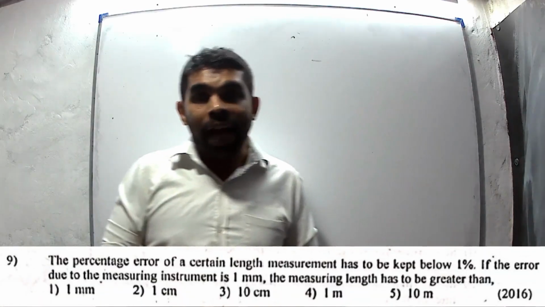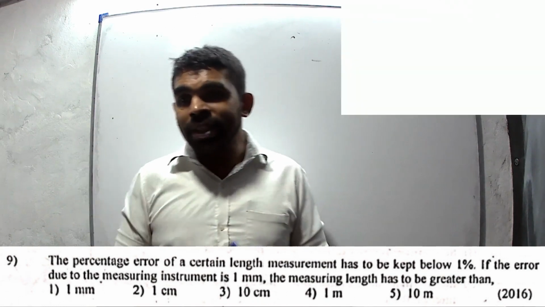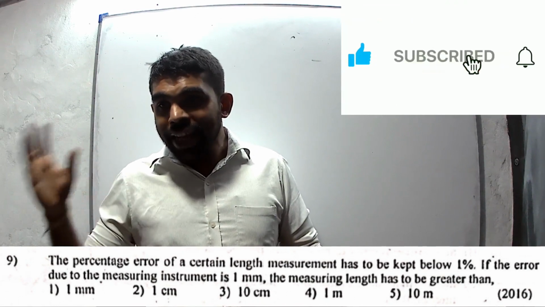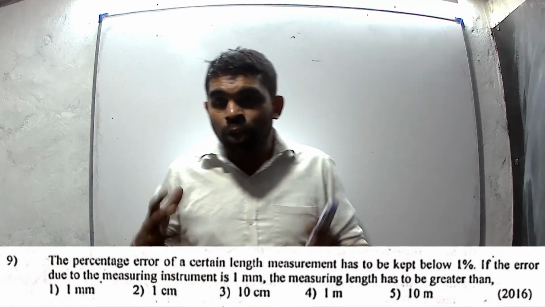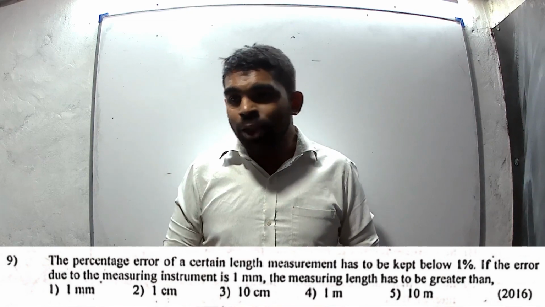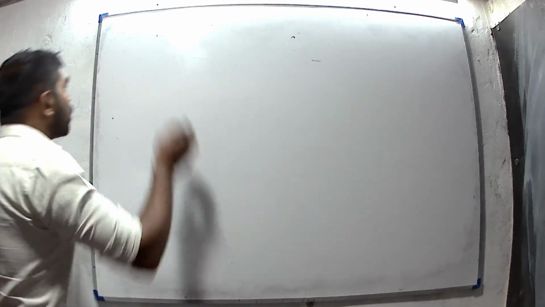Then question number 9. The percentage error of a certain length measurement has to be kept below 1%. If the error due to the measuring instrument is 1 millimeter, the measured length has to be greater than. We have to consider the equation for the percentage error.